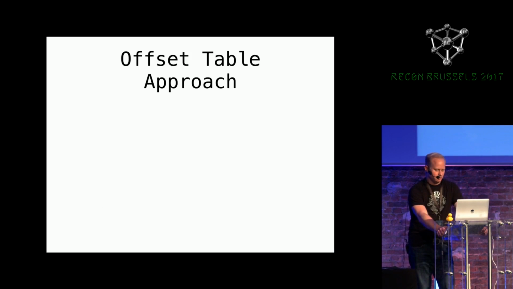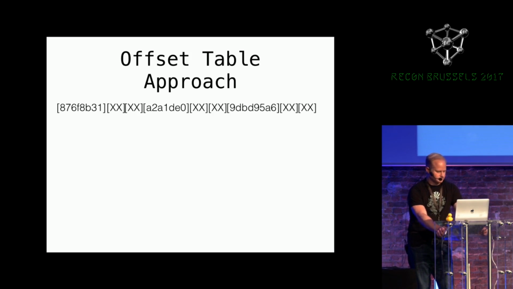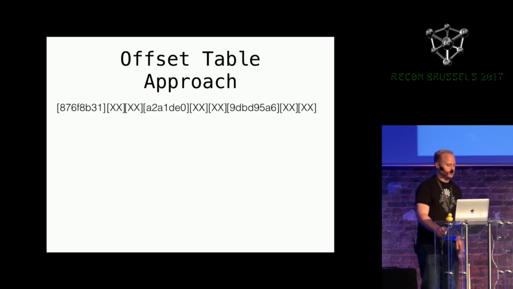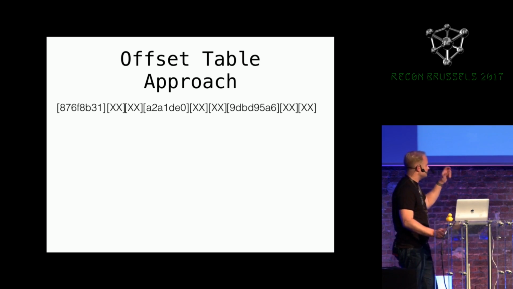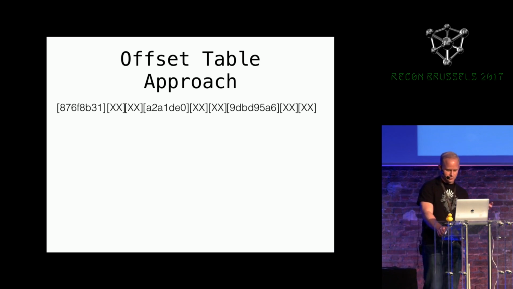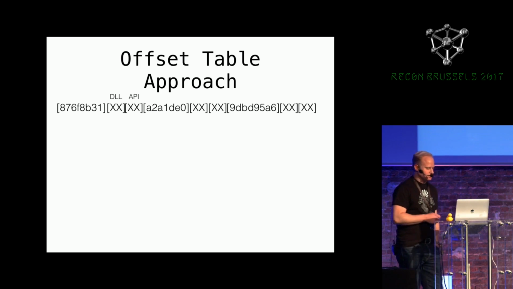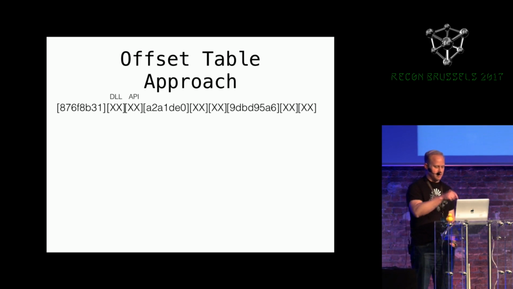So the offset table approach works as follows. You can see here you have 4-byte sections followed by 1 byte, 2 blocks. And the first byte is the DLL, that's the location from that point to the ASCII or the ANSI representation of what should be called.